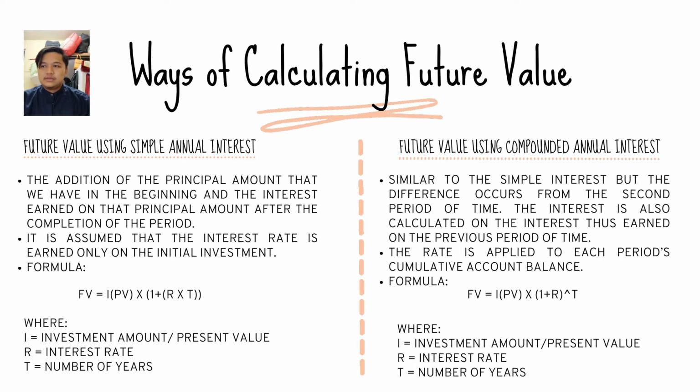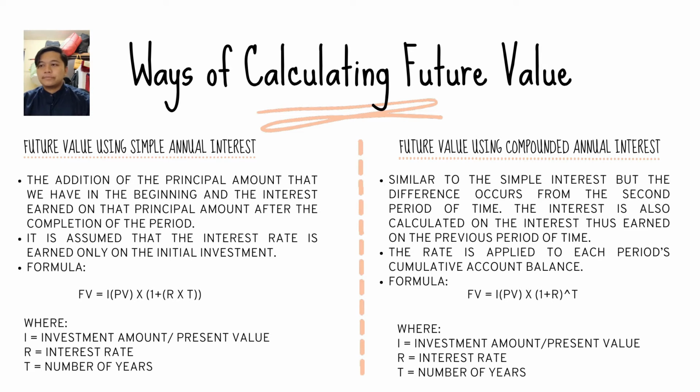The second method is future value using compounded annual interest. It is similar to simple interest, but the difference occurs from the second period of time. The interest is also calculated on the interest earned in the previous period.